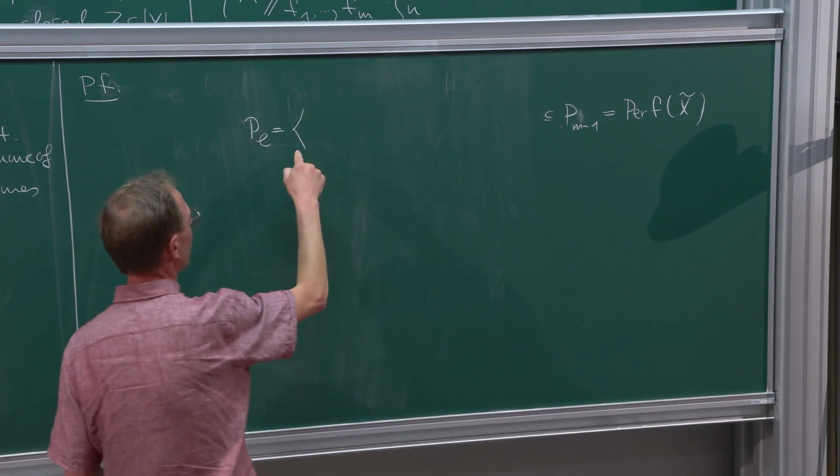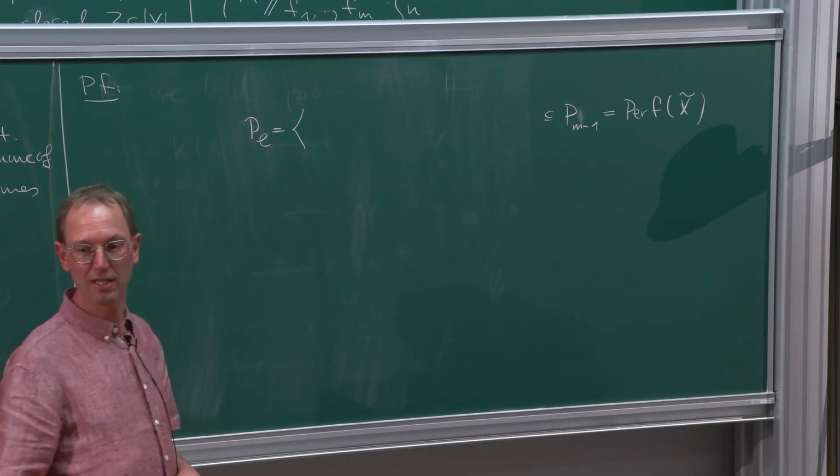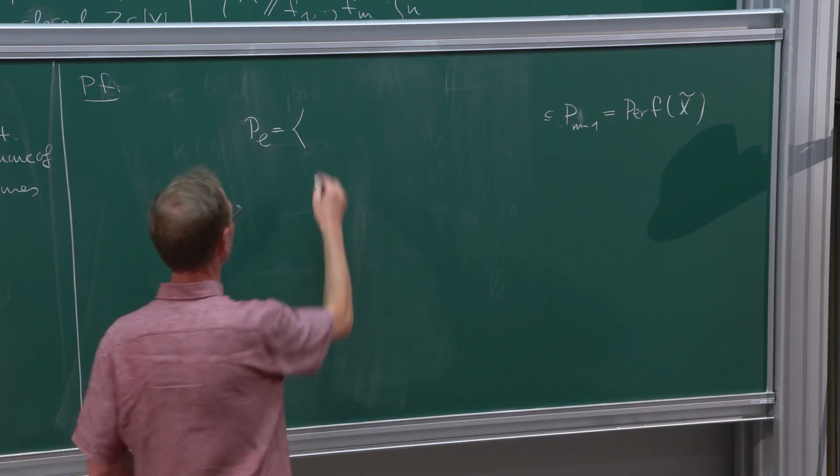So first of all, you look at this thick stable subcategory that's generated by the following sheaf.